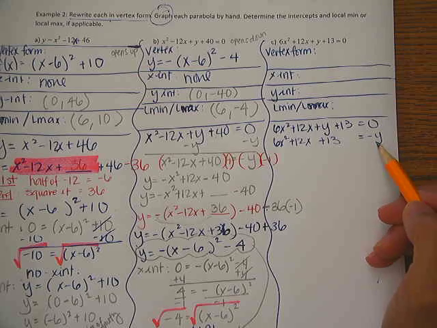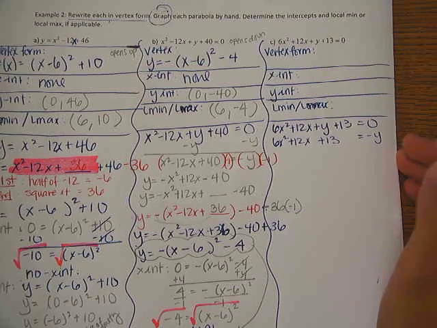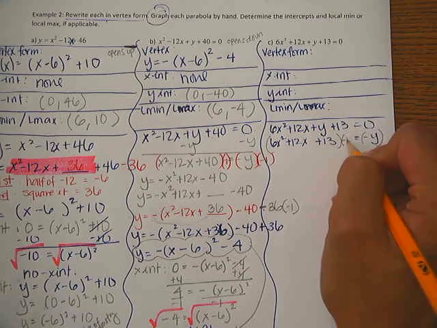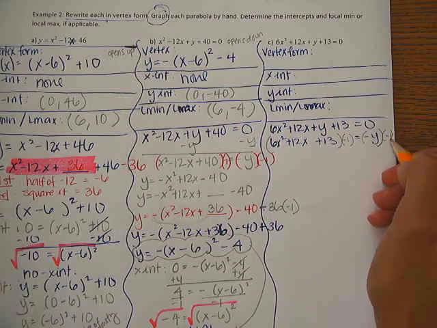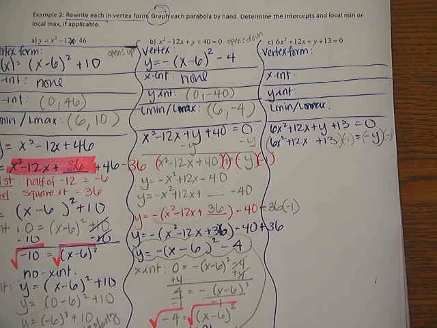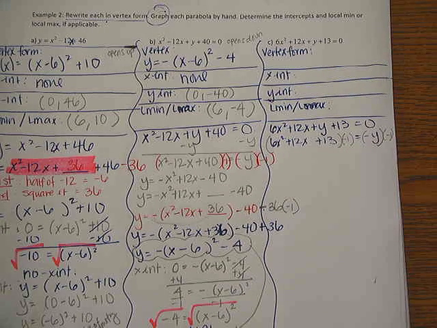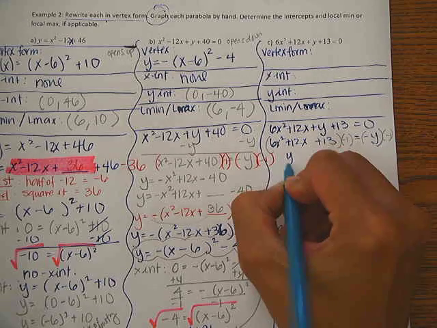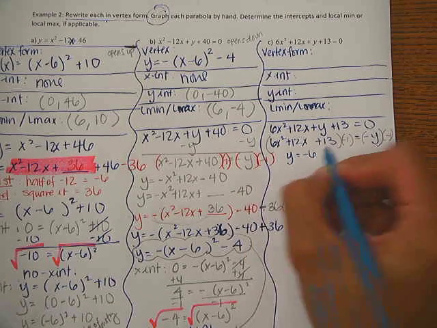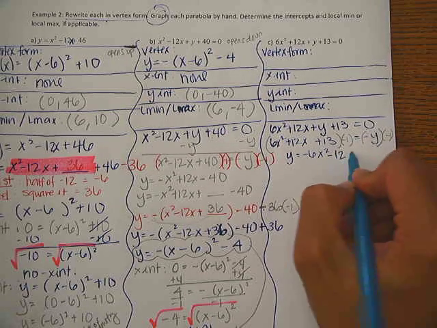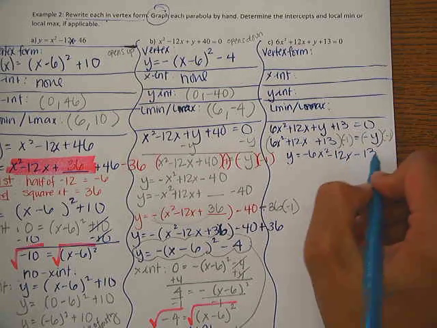Because I have to get y by itself, not negative y by itself. So now I have to go and get rid of my negative 1. So I'm going to multiply each side by negative 1. What you do to one side, you have to do to the other, hence equation. Okay. So now we are ending up with y equals negative 6x squared minus 12x minus 13. Okay.